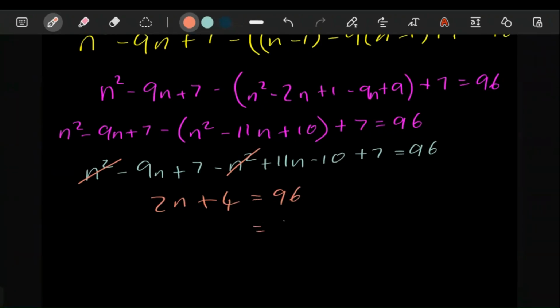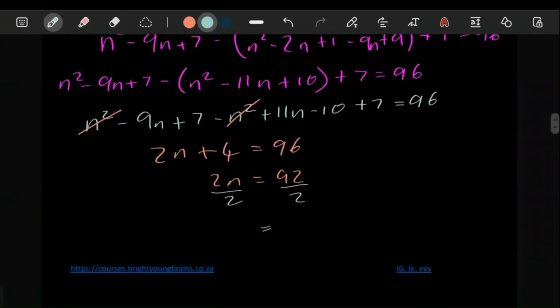4 goes to the other side. You can have 92. 2n is here. Divide by 2 on both sides. You're going to have here 46.